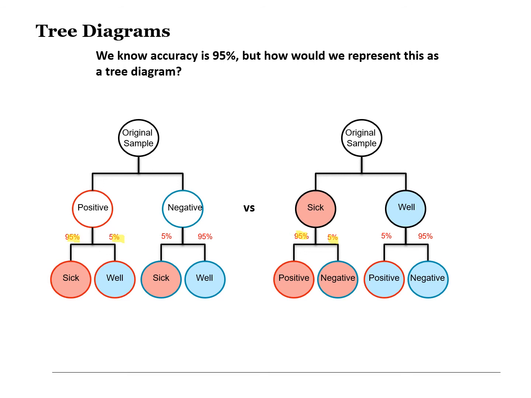It means that if you're sick, there is a 95% chance that you will test positive. Not like it is on the left-hand side. It's not a 95% chance of you being sick if you're positive. No, it's not that.